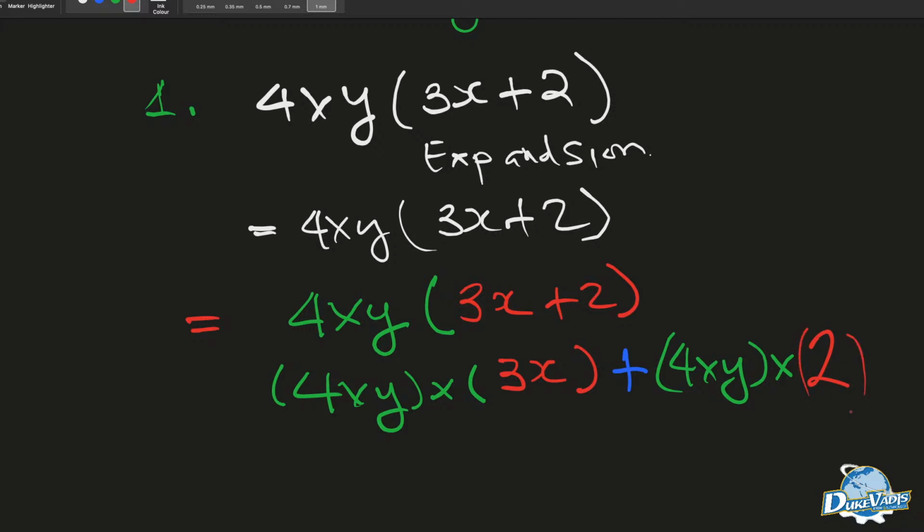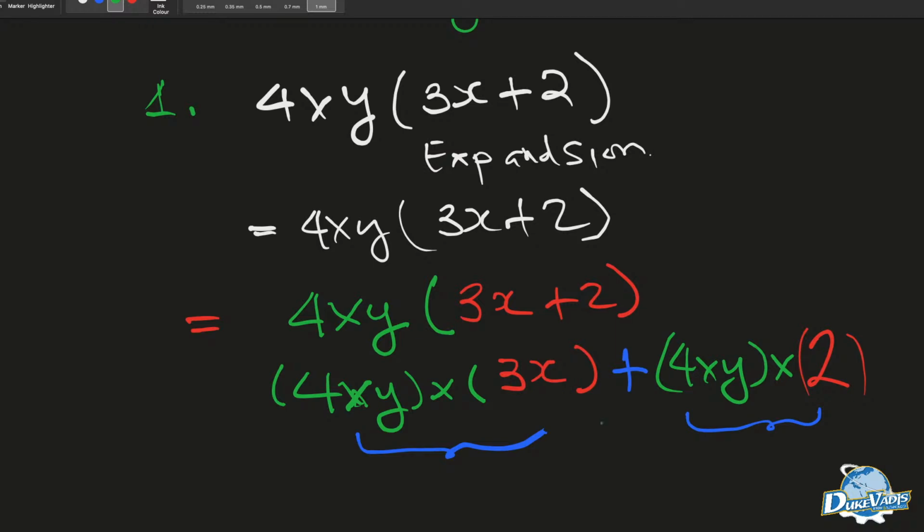If I deal with the first one, I know from the principle of indices that, looking at 4xy multiplying 3x, the x and x are common in the equation.